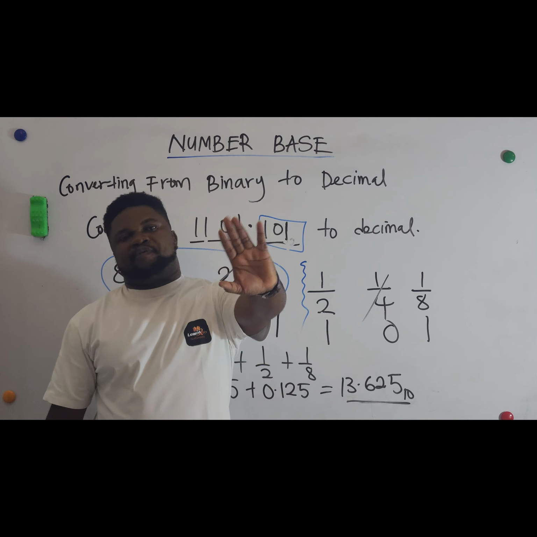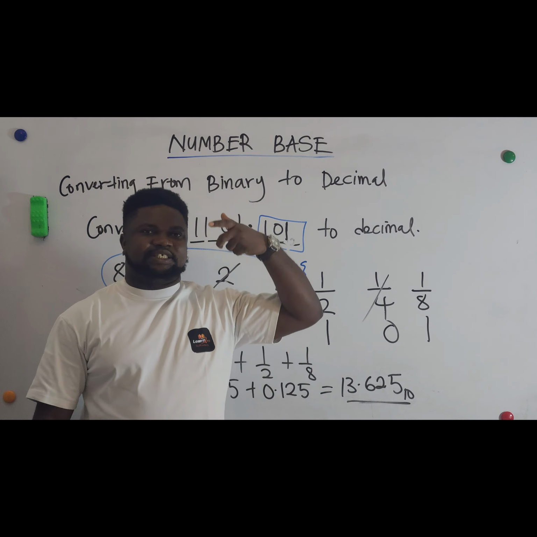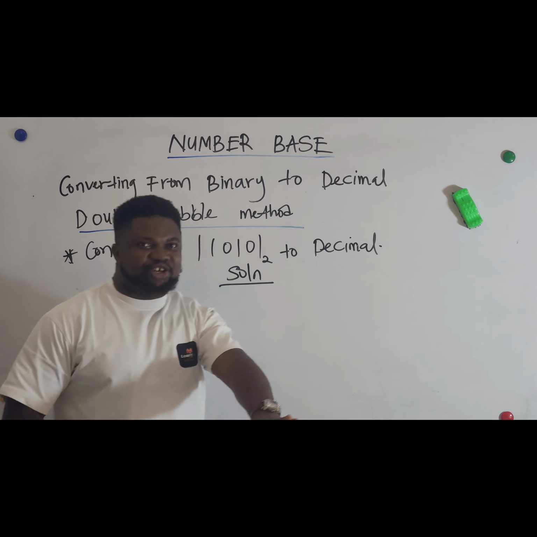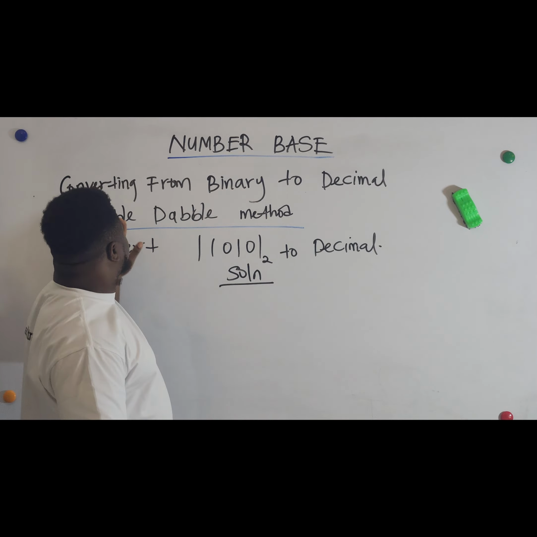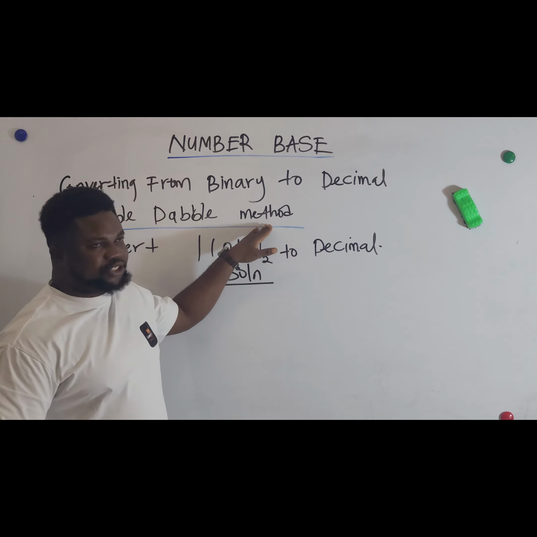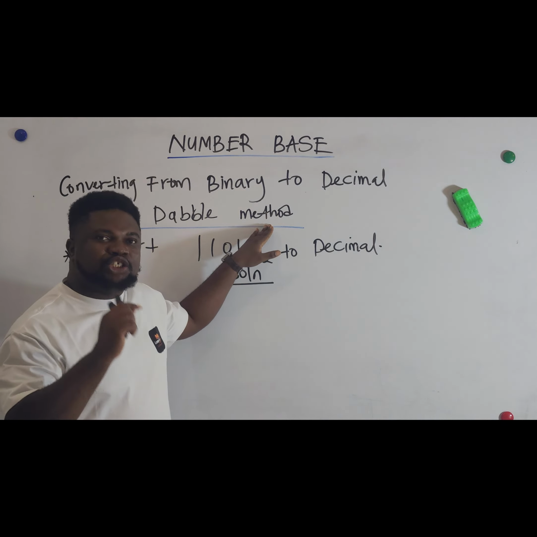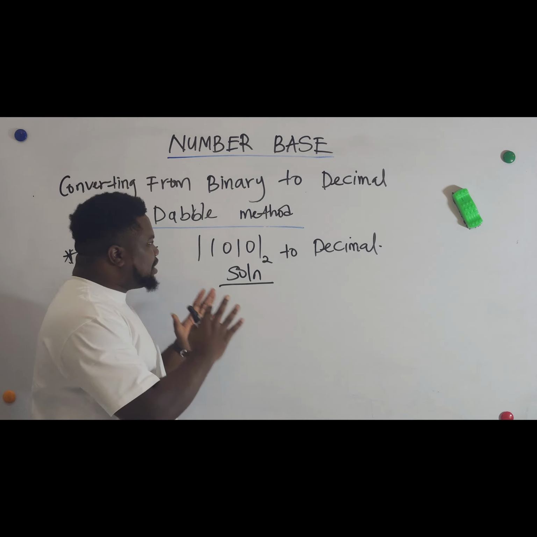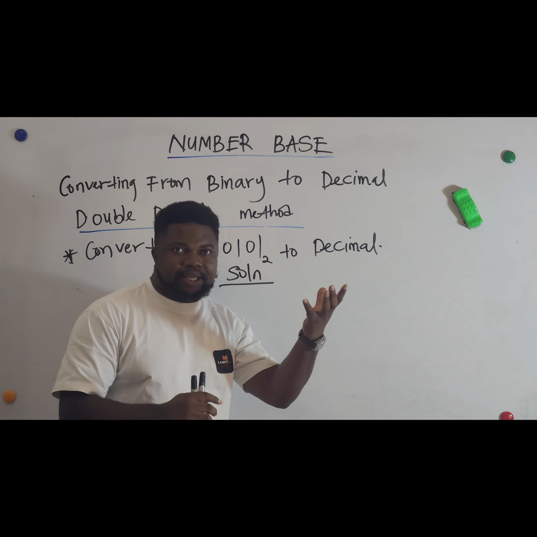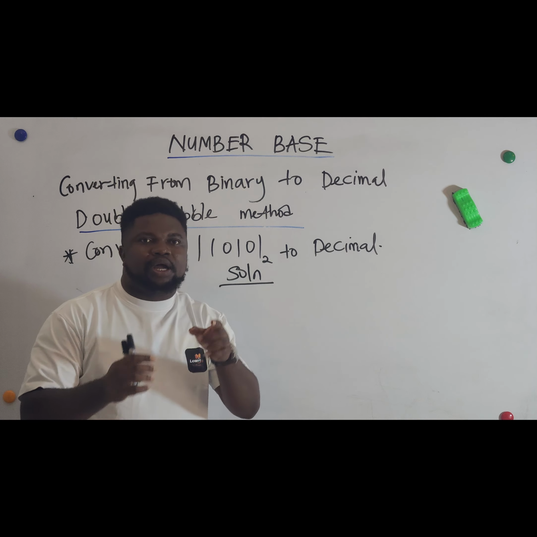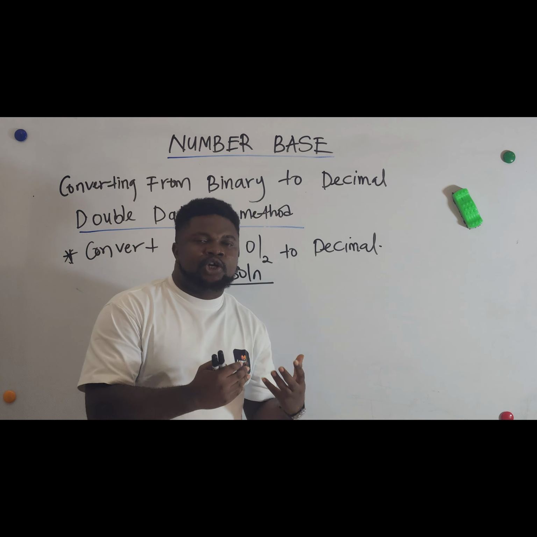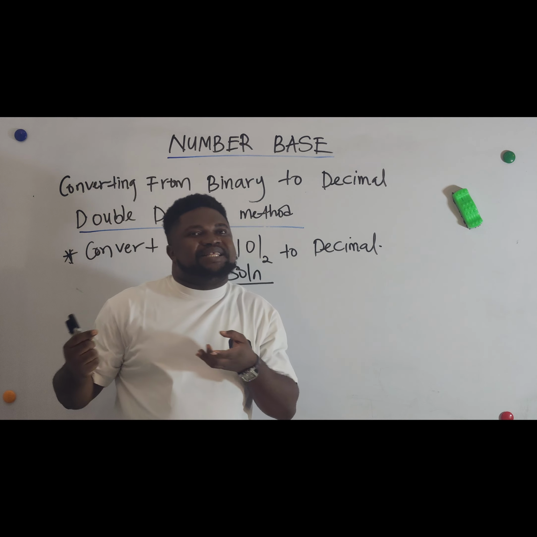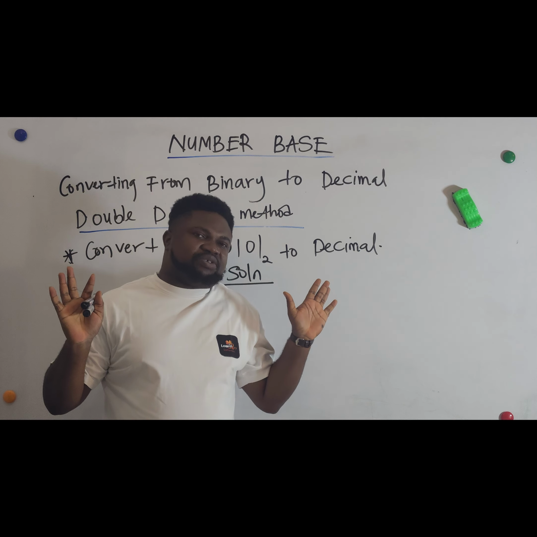Let's take one example for double dabble. Quickly, I will now show you how to do the double dabble method. This method is a mental way of getting your decimal from binary without much stress.